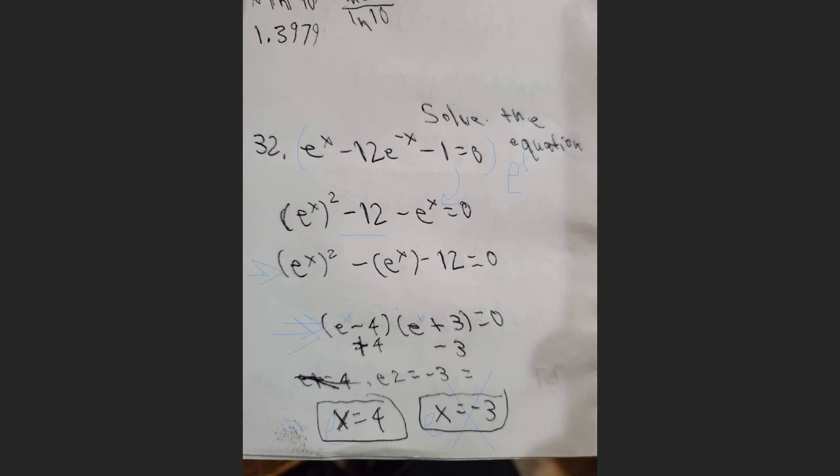How do we solve for x? We have e to the x equals 4. How do we rewrite it? I think it's e to the x minus 4 equal to 0. Well, we could write it like that, but it wouldn't help us.